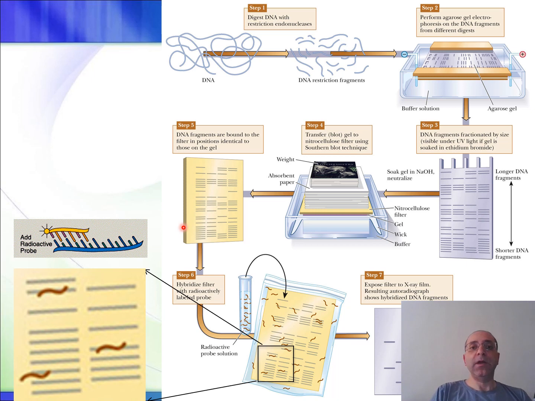Okay, now notice something, that is, the location of the DNA fragments on the membrane is exactly as they look on the gel. So you have these two, for example, right here on top. You have them also on top. You have, let's say, these two on top, and you have them also on top right here.